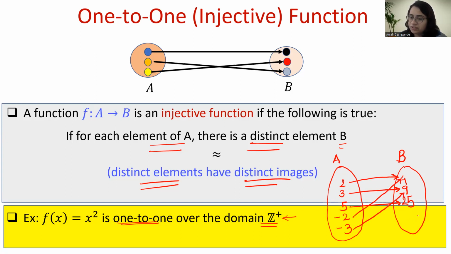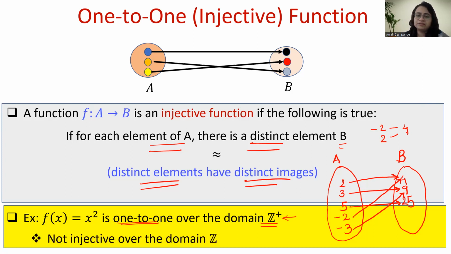Why? Because the square of negative numbers is also positive, and the square of -2 and 2 is the same, that is 4. So here distinct elements in the domain do not have distinct images in the codomain. That is why this function is not one-to-one over the domain of integers. Okay, so this was an example of one-to-one.